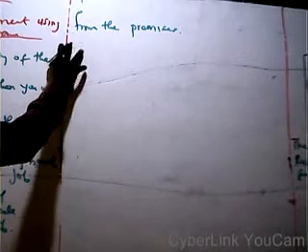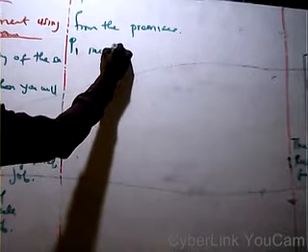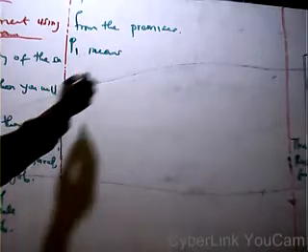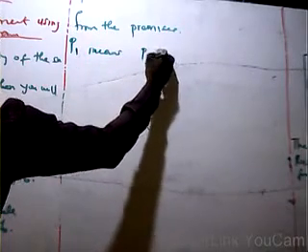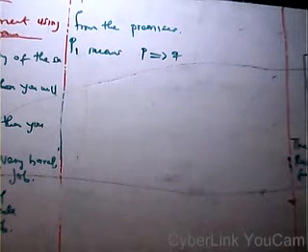So P1 means: if you study very hard, then you will get a good grade. That is, P implies Q. Is that not the meaning of it? P, if you study very hard, you get a good grade.